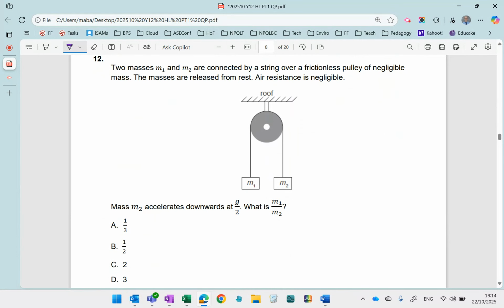So, question 12, there's the quick way of doing it and there's the long-winded way of doing it. Alright, I'm going to show you the quick way of thinking about it first, which is not mathematically rigorous, okay, but does get you to the right answer very quickly, which is useful in a paper 1 situation where all you've got to do is get the right answer.